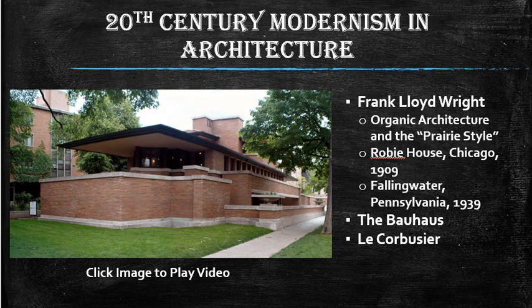A good example of this is Chicago's Roby House, a three-story terraced house with a wide cantilevered roof, overhanging terraces and verandas, and so on. And there'll be an extra video on the Roby House in the supplementary videos section.